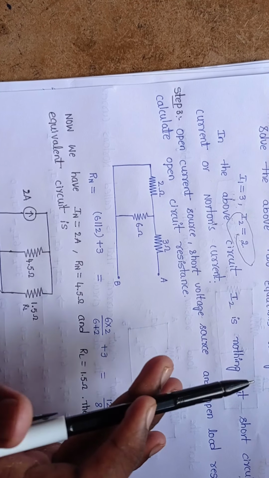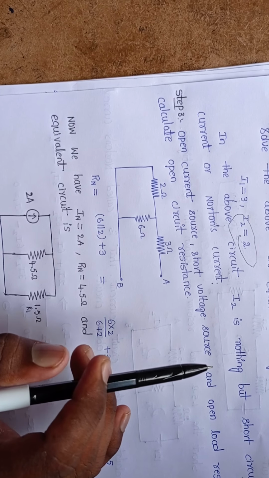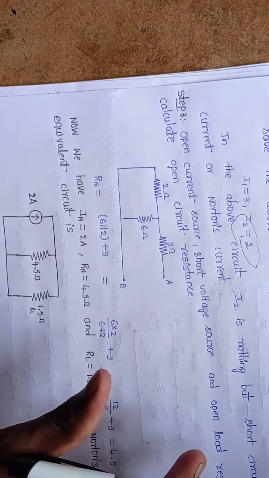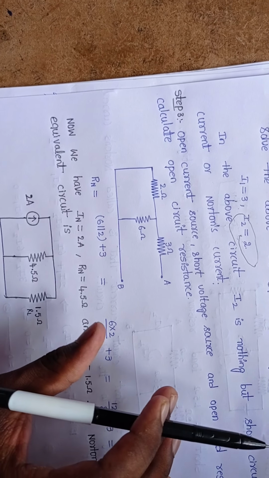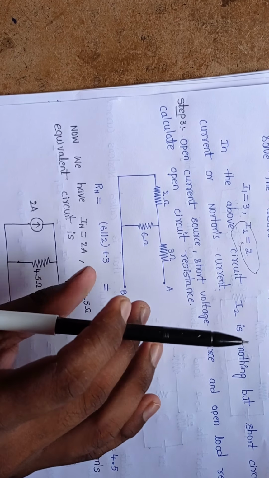For calculating the Norton's resistance, first we need to short circuit all the voltage sources and open circuit all current sources, and open the load resistance and find the total resistance. That resistance is nothing but the Norton's resistance.